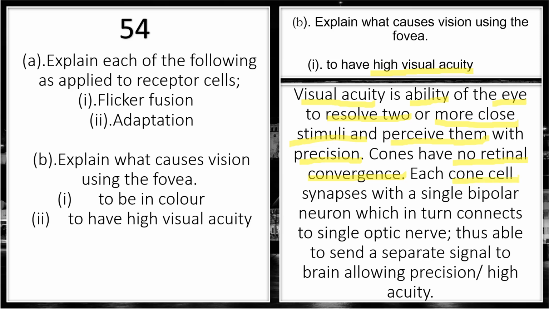Each cone cell synapses with a single bipolar neuron, which in turn connects to a single optic nerve, thus able to send a separate signal to the brain, allowing precision or high acuity.